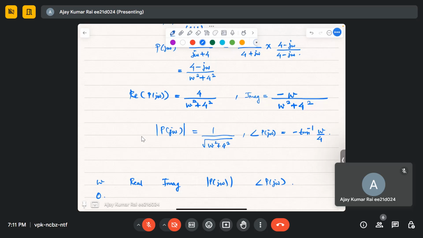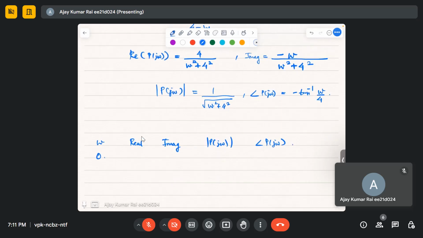If you see the real part, 4 by omega square plus 4 square. If you put omega equal to 0, you'll get 4 by 4 square, which is 1 by 4, equal to 0.25.